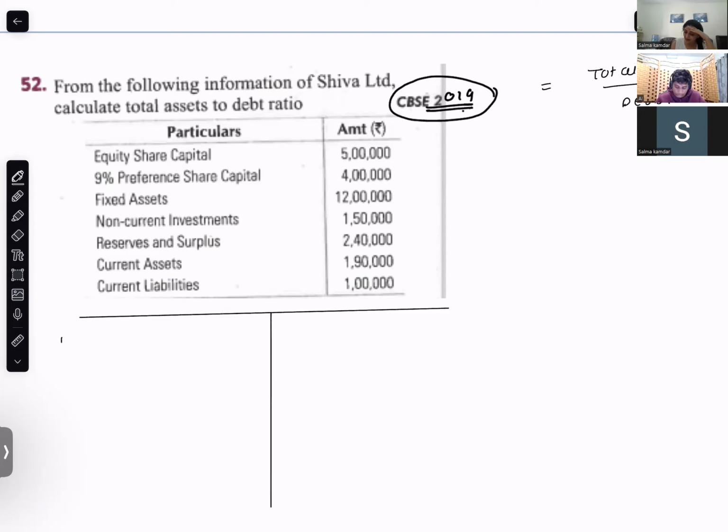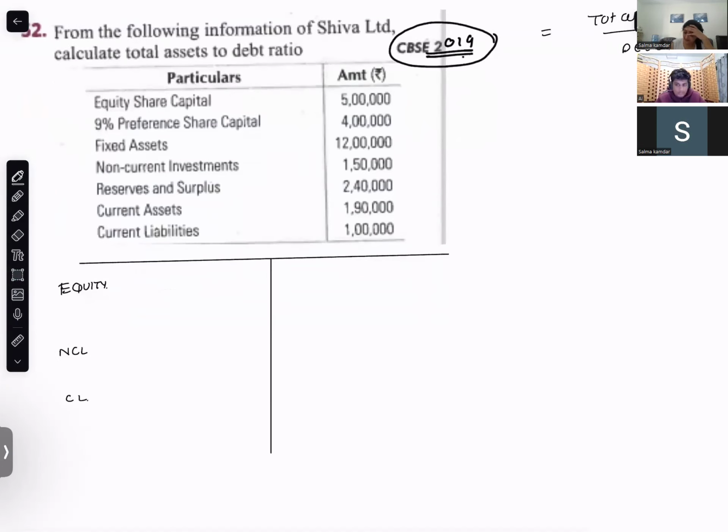Here you have equity, here you have non-current liabilities and you have current liabilities. Here you have non-current assets, here you have non-current investments, you will have current assets.